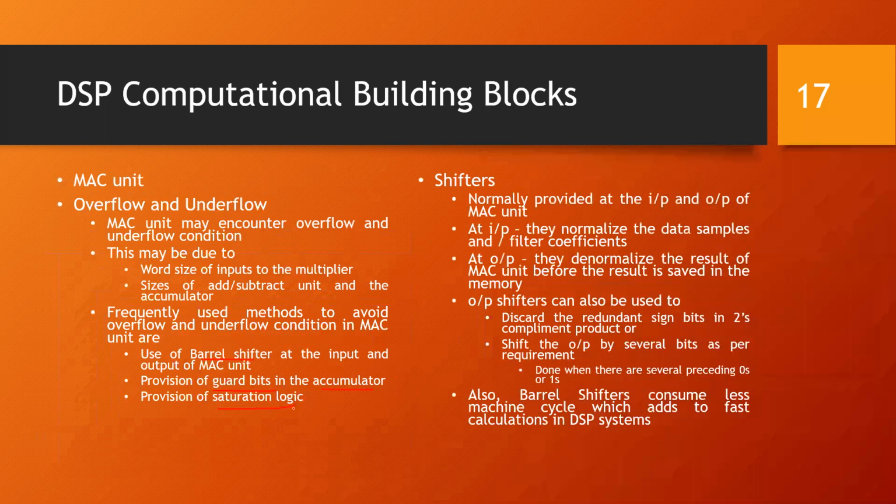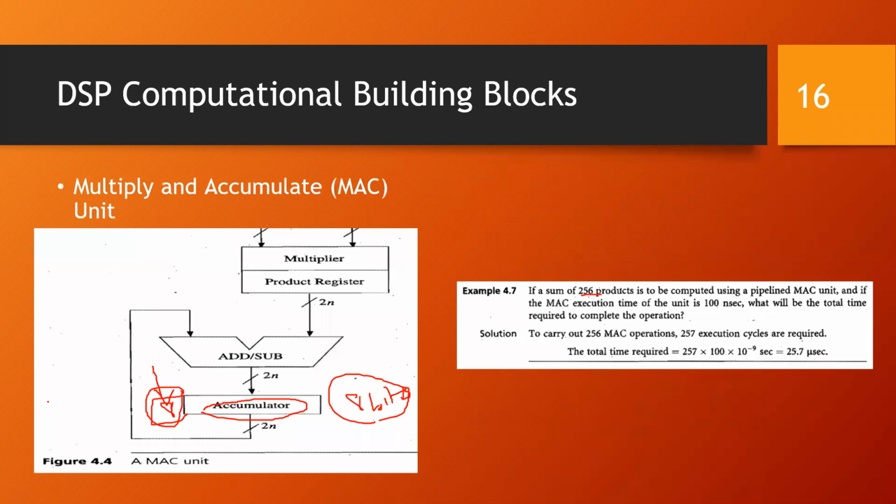So saturation logic. Here what happens is, whenever we are adding or subtracting numbers, there is a tendency that the addition or multiplication might result in a number which is larger than the largest possible integer which this accumulator can store. For example, if it is just 2 bits, 1 is the largest number it can store.